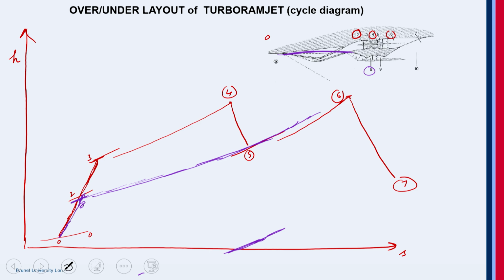Now here you can see that this is totally a different combustor. It can be either at the same level here, or at a different level, but mostly it may be at the same level for practical reasons. And then it expands from 9 to point 10.